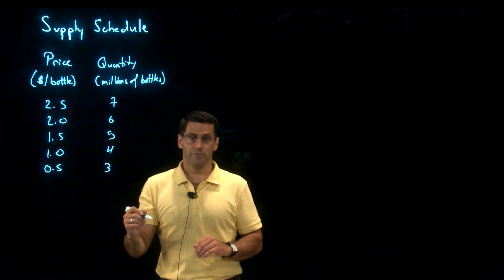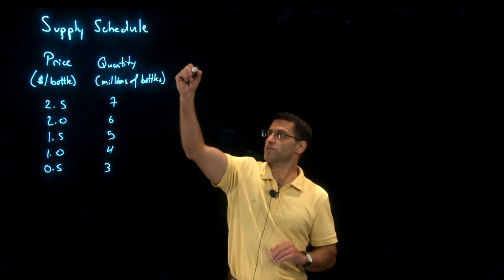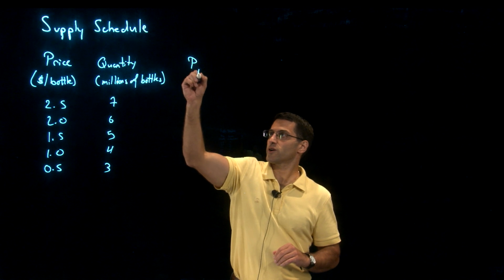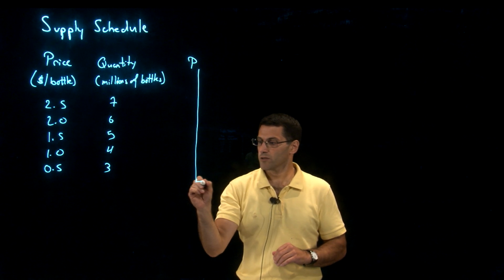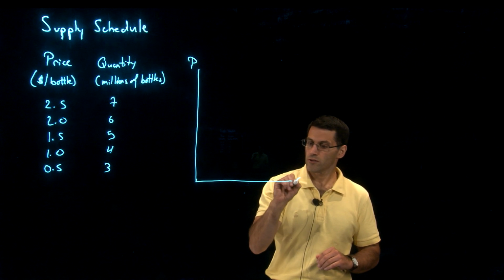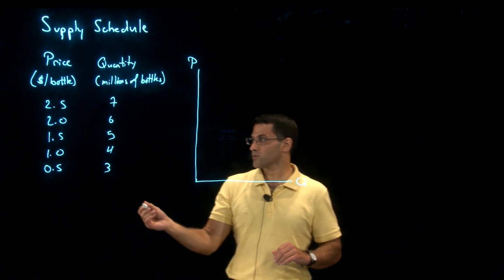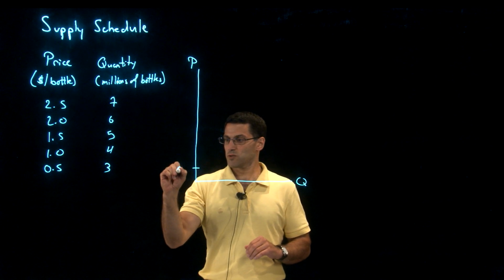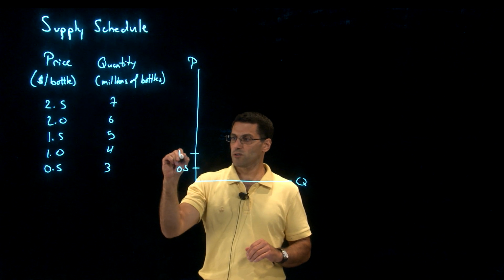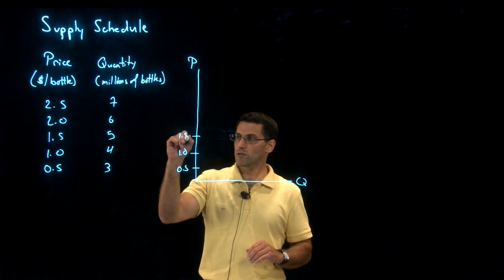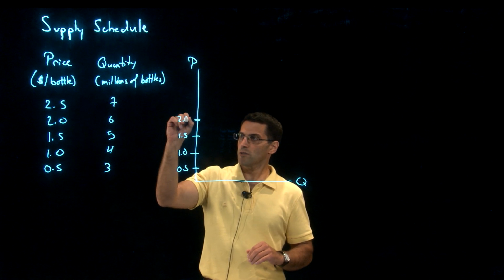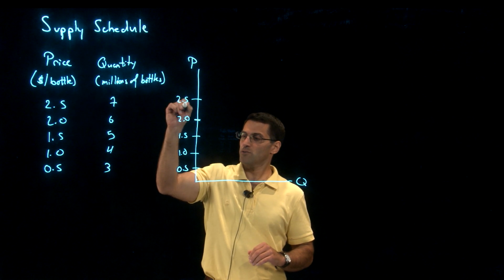goes down. And so again, we can graph this out, putting price on the y-axis, quantity on the x-axis. Again, start down here at 0.5. All the way up to our 250.